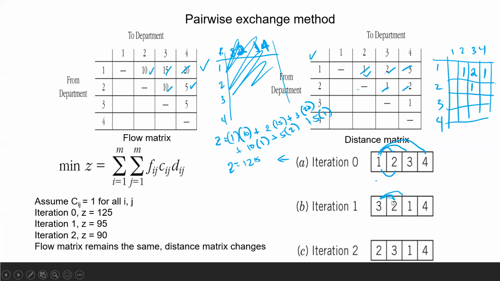Isang cell. Yung 1 and 4, 1 din. Pero yung 1 and 3, gaano kalayo yung 3 sa 1? 1, 2. That's 2. Nakuha? Nakuha po?